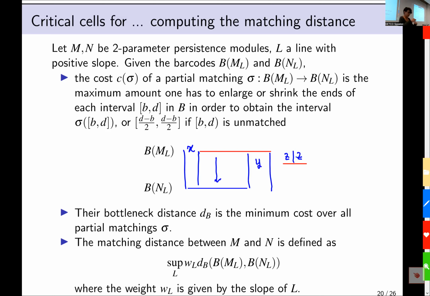So this is in order to compare two barcodes, but now we are in the fibered barcode situation where for each line I have a different barcode.